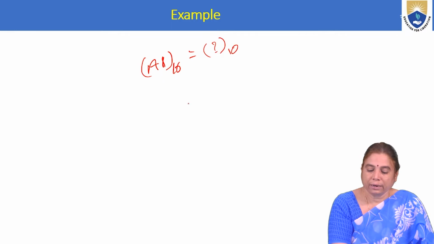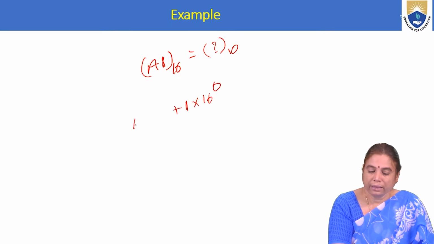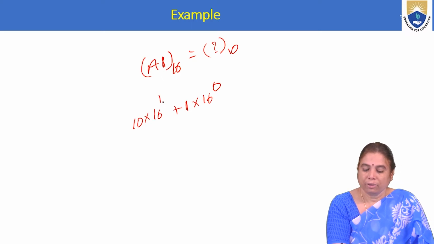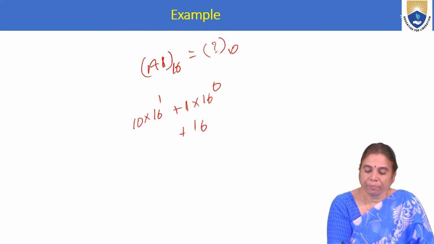So we write the digits: 1 into 16 power 0 plus A, representing 10, into 16 power 1. So it is 16 into 10, which is 160.